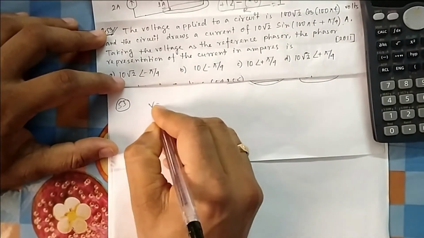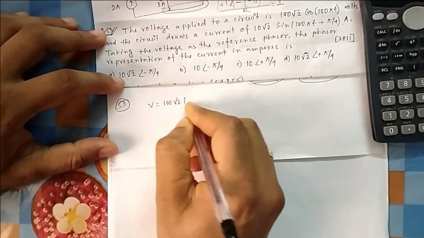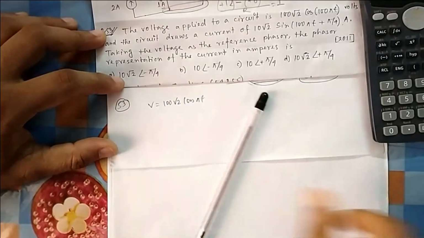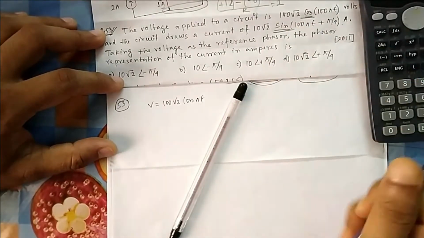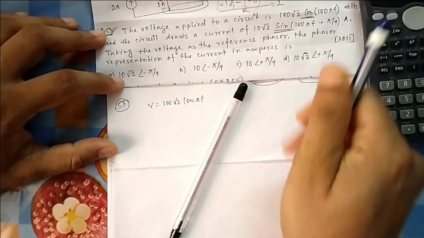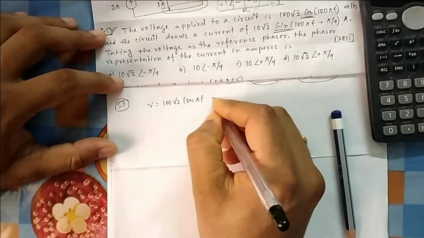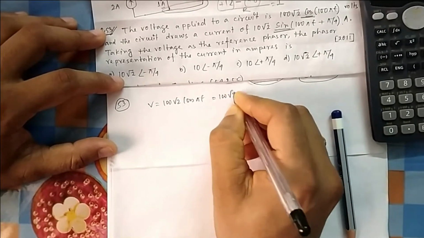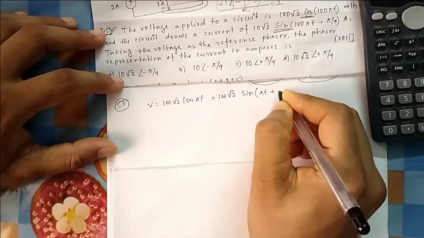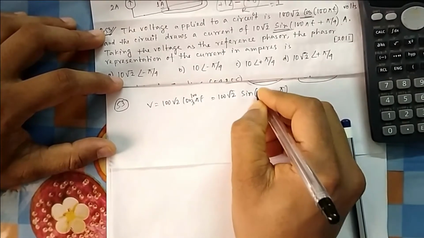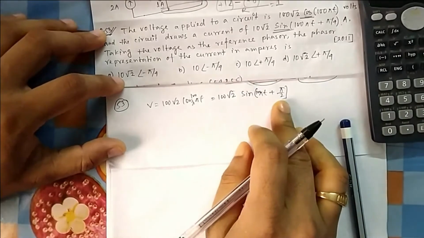Voltage is 100 root 2 cos 100 pi t. Because one is in sine and the other in cos, it is better to convert both to the same. Generally we prefer sine, so we will change this cos to sine. We have already discussed how: sine of 90 plus theta is cos theta. So the voltage is 100 root 2 sin(100 pi t plus pi by 2).